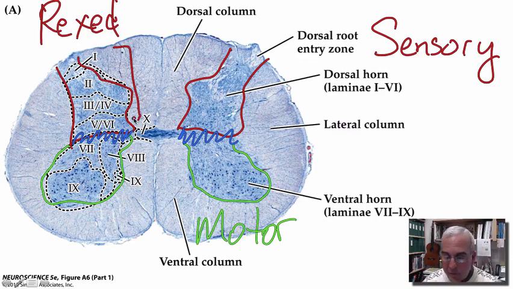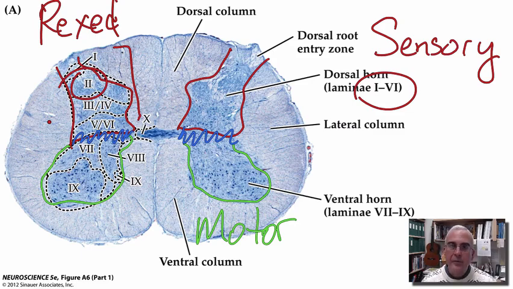So the dorsal horn is essentially laminae 1 through 6. We'll spend some time talking about these laminae when we talk about mechanisms of pain and temperature processing, especially lamina number 2, also known as the substantia gelatinosa, or the gelatinous layer of the dorsal horn. So we'll come back to that in a later session.